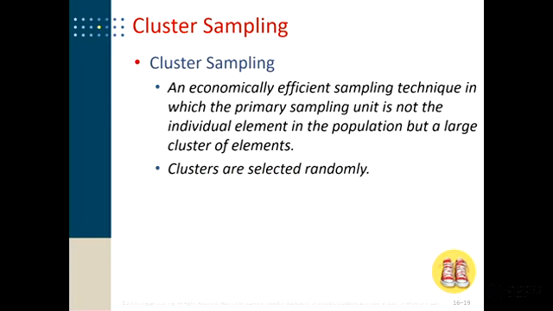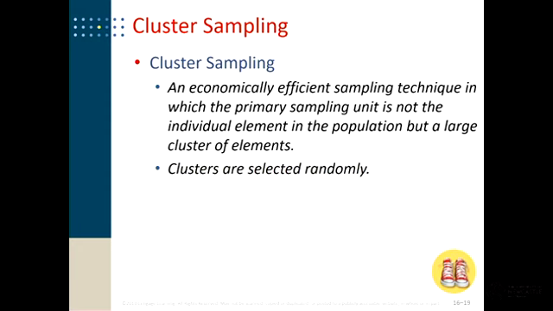Now, cluster sampling is a particular sampling technique where the primary sampling unit is a cluster of respondents rather than a final individual respondent. Again I say, in cluster sampling, the primary sampling unit that you select is a cluster of respondents rather than the final respondent.